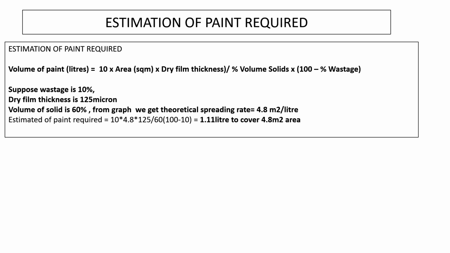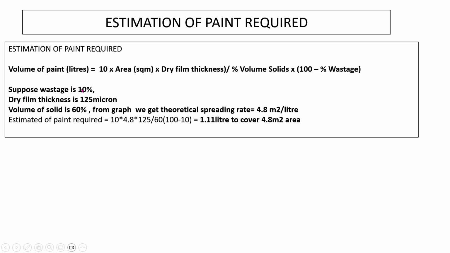Now estimate the paint requirement. Similarly, how will we calculate the volume of paint required? Now we know 10 into area into dry film thickness divided by volume solids, divided by 100 minus wastage.